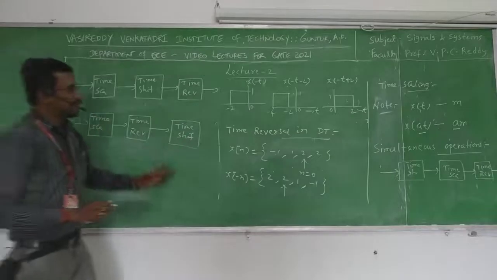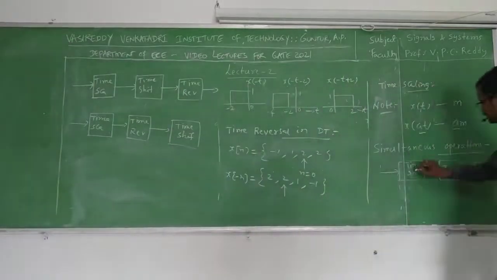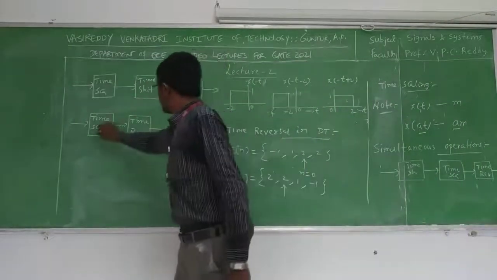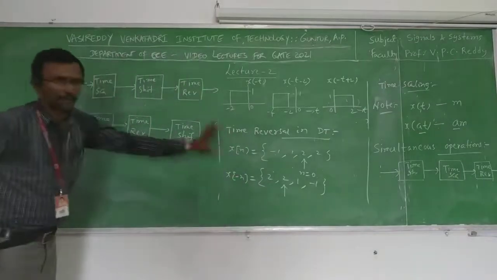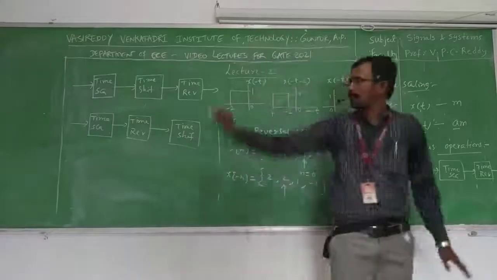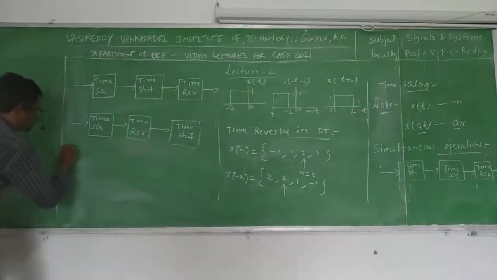Okay, so we'll see one example for explaining these three operations: shifting, scaling, reversal; scaling, shifting, reversal; then scaling, reversal, shifting. After looking at one example for these three operations, we decide which simultaneous operation is better out of these. Okay, so let us consider a simple example.